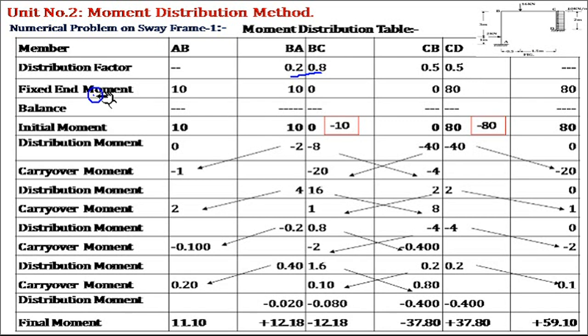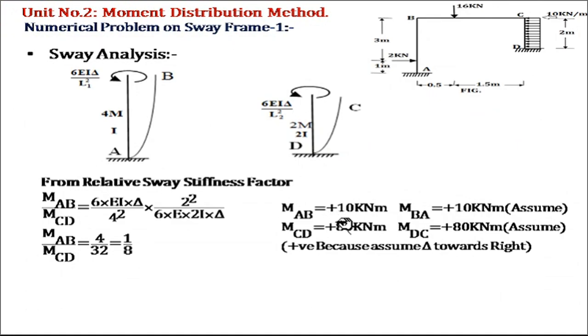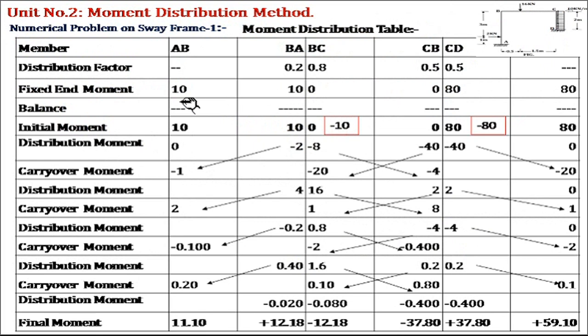Now the fixed moments: in the last slide we found the fixed moments in member AB 10, BA 10, and in member CD 80, DC 80. So we write these values here. In member BC it is 0 and in CB it is 0, because for a horizontal member we are not considering the sway. We are considering it only for the vertical members. For CD it is 80, for DC it is 80.